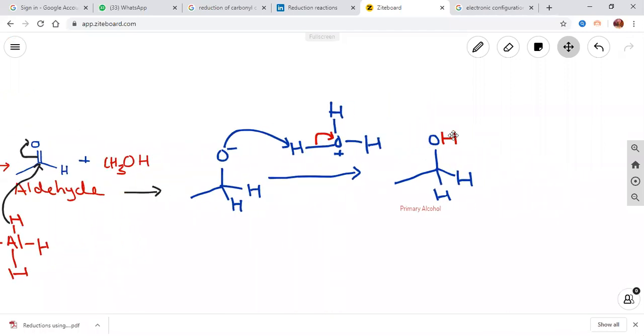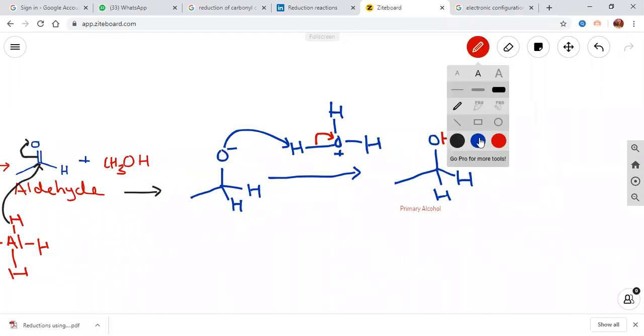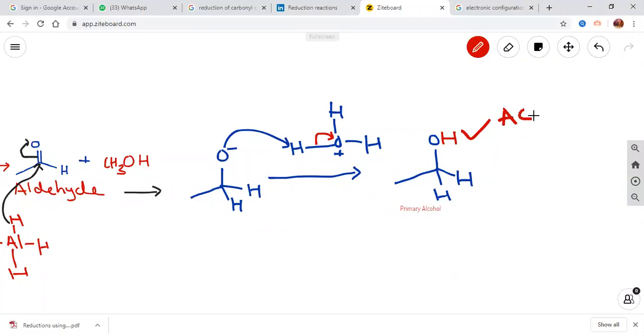In this reaction, you can see this hydrogen comes from the acid, and this hydrogen comes from lithium aluminum hydride.